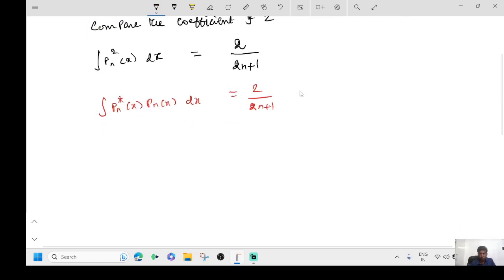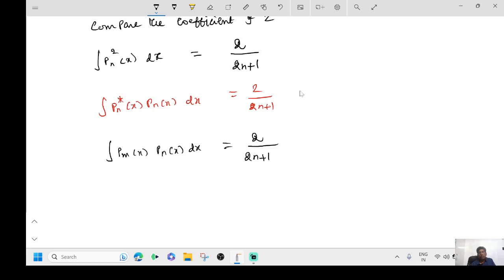Now the entire result is given in a single form, that is the integral of Pm of x into Pn of x into dx, which is equal to 2 divided by 2n plus 1 into delta of m comma n. If m is equal to n, we get the integral of Pn square of x into dx, which is equal to 2 divided by 2n plus 1.